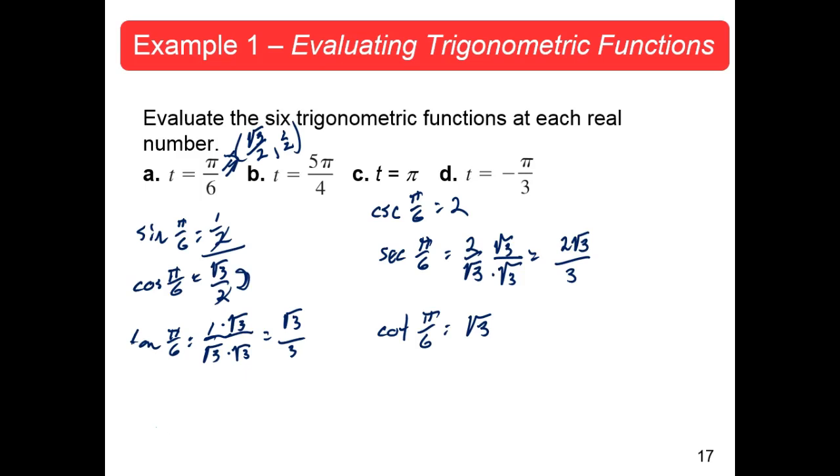Then, the secant and cosecant, because they're reciprocals of things that are between -1 and 1, they are going to be outside -1 and 1. Sine and cosine have to be in between -1 and 1. Secant and cosecant have to be outside. So therefore, this has to be something greater than 1. Both of them. Ever have a secant or a cosecant that's 0.7?